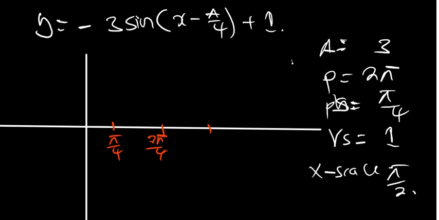Are you sure? Next, please. 1, 2, 3. We're remaining with 2. Next, 5 pi over 4.